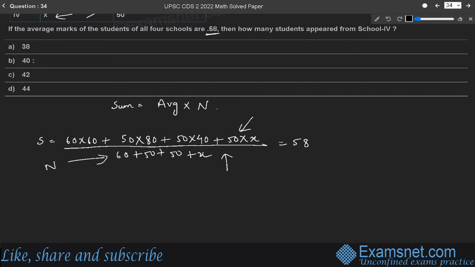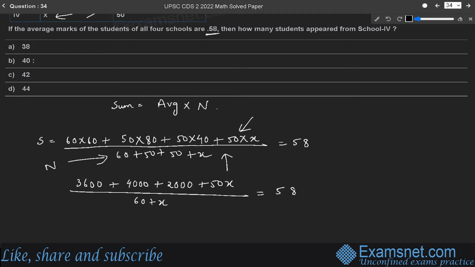Now on further solving this, it will be 3600 plus 4000 plus 2000 plus 50x upon 60 plus 50 is 110, 110 plus 50 is 160, plus x, is equal to 58.